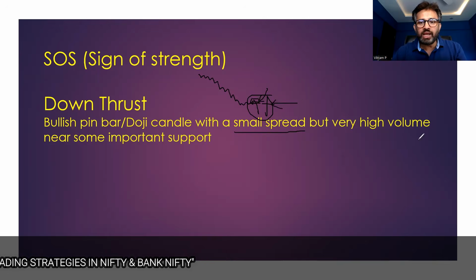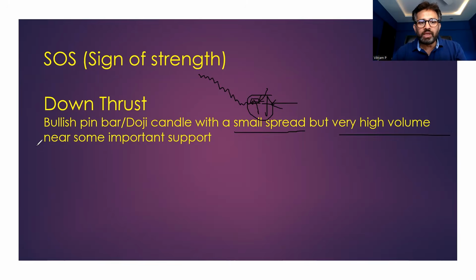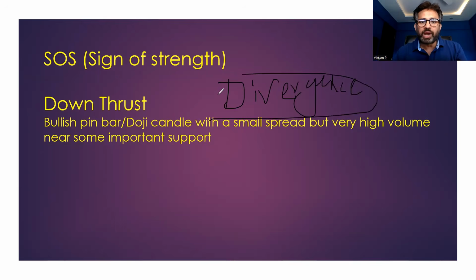But if you see very high volume with a small spread near some important support, that means there is a divergence, right? Why is there an imbalance and divergence between the price and volume?